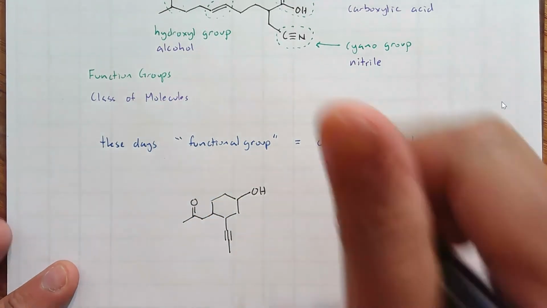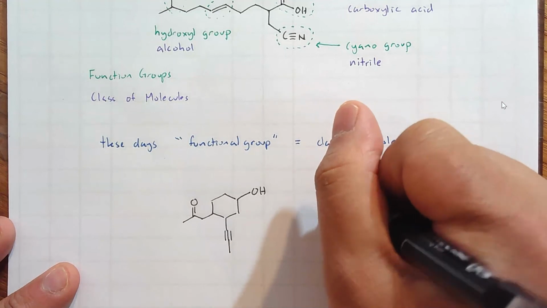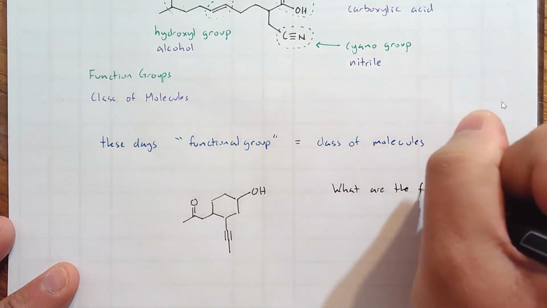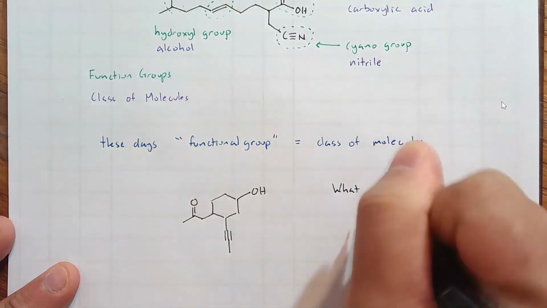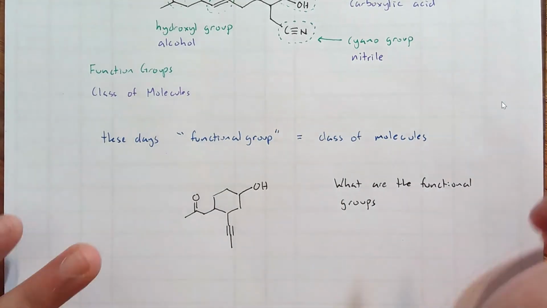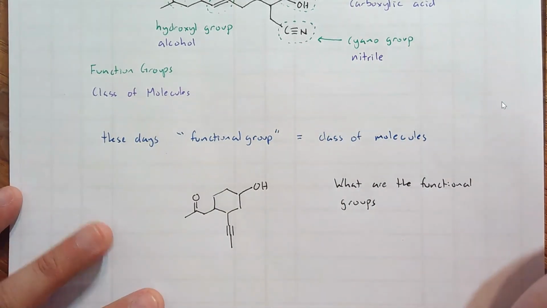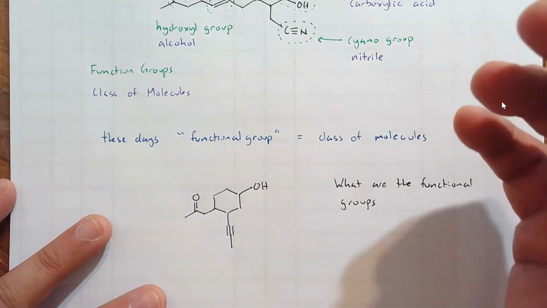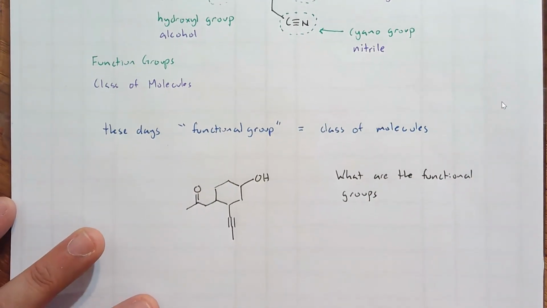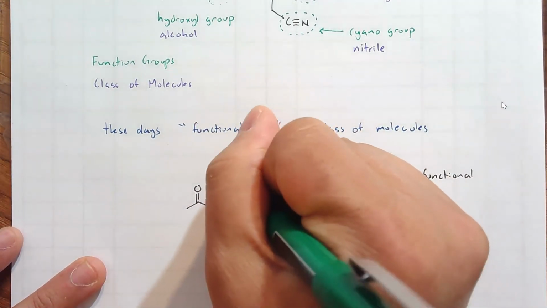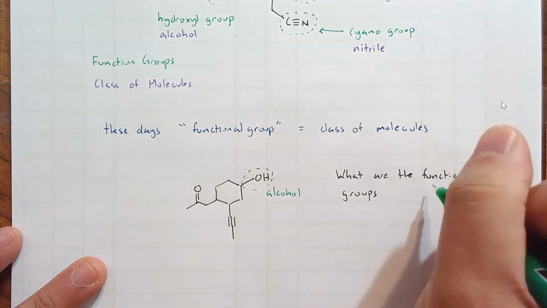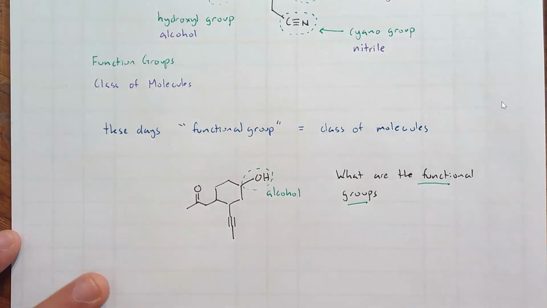If the exam question is, what are the functional groups? I believe that most professors, including myself now, are really asking the class of molecules, or what portion represents a certain class of molecule. So you would circle this and say this is an alcohol functional group. Do you see the difference?